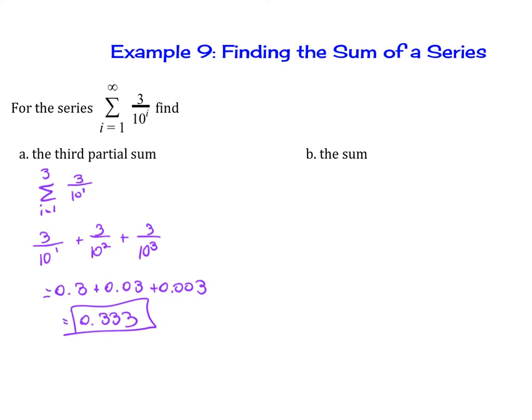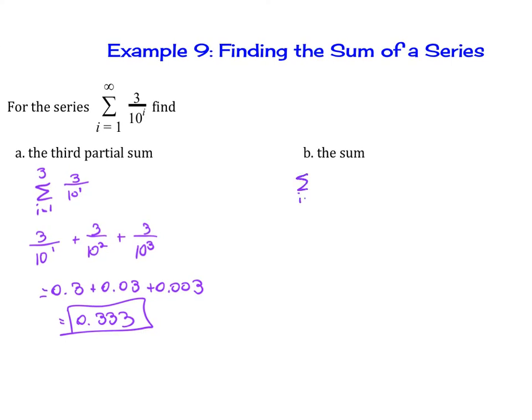Okay, so let's try to find the sum. This is i equals 1 to infinity of 3 over 10 to the i, and then you plug it in. I hope you see that you're going to get these same values. So this is 3 over 10 to the first plus 3 over 10 squared plus 3 over 10 cubed plus 3 over 10 to the fourth plus 3 over 10 to the fifth, and then it keeps going forever.